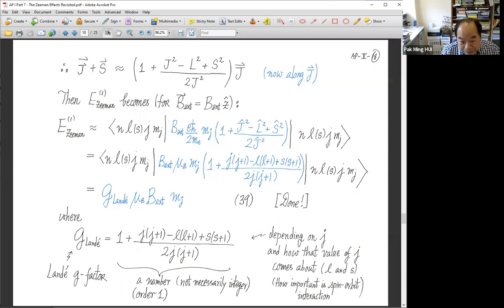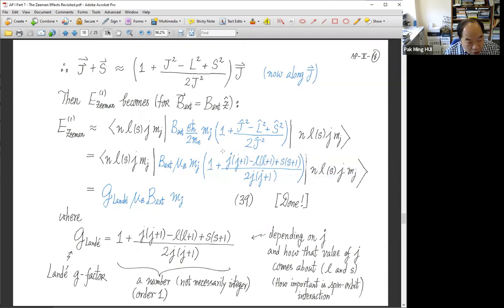So with all this, suddenly we have some prefactor done. So now this becomes a number depending on the quantum number in the state.